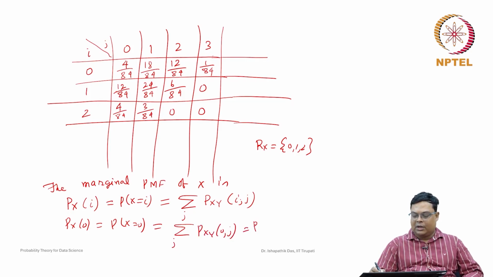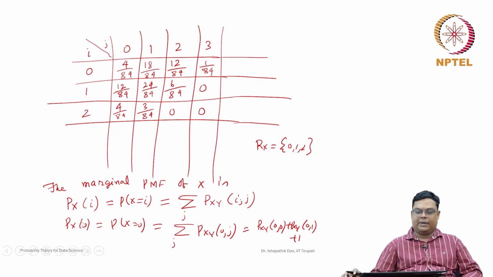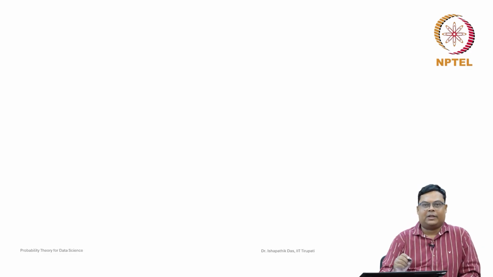So this is nothing but P_XY of 0 0 plus P_XY of 0 1 plus P_XY, let us do it on the next page. So, we want to find the marginal probability mass function.